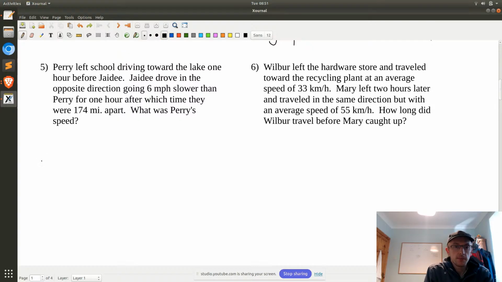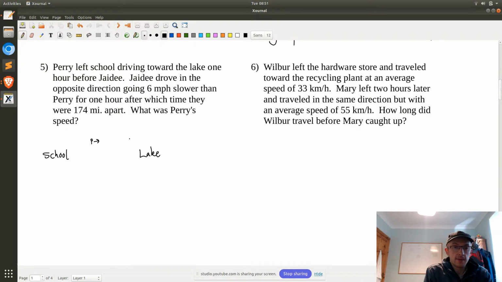So I'm going to write school. I'm going to write lake. Perry left school driving toward the lake 1 hour before JD. So Perry's out of the gate and he's been traveling for 1 hour. Okay, and then, Perry's already been traveling for 1 hour and going that way.